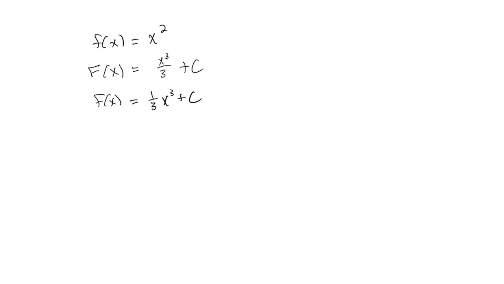So if I think visually for a moment, I'm going to draw some rough sketches. If I choose c to be 0, here's what 1/3 x cubed would look like. If I choose c to be 1, 1/3 x cubed plus 1 is a vertical shift of that cubic function. It looks something roughly like that. If I choose c to be 2, then it's a vertical shift of the cubic up 2 units.